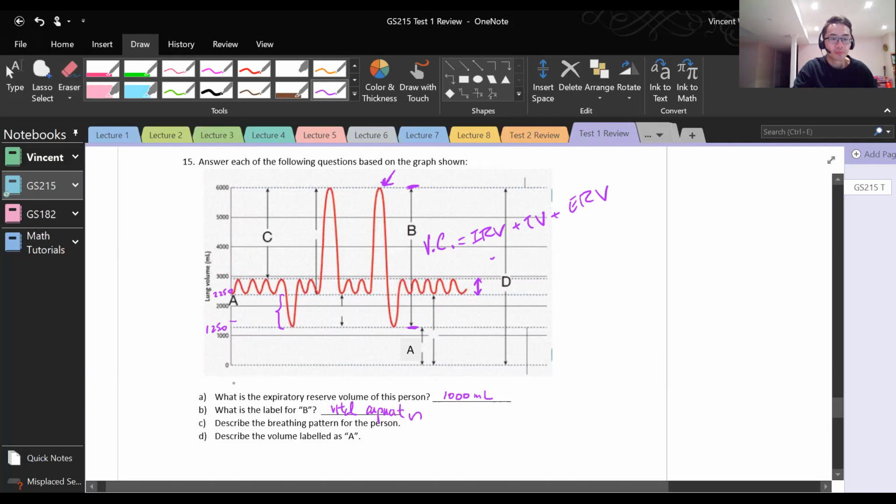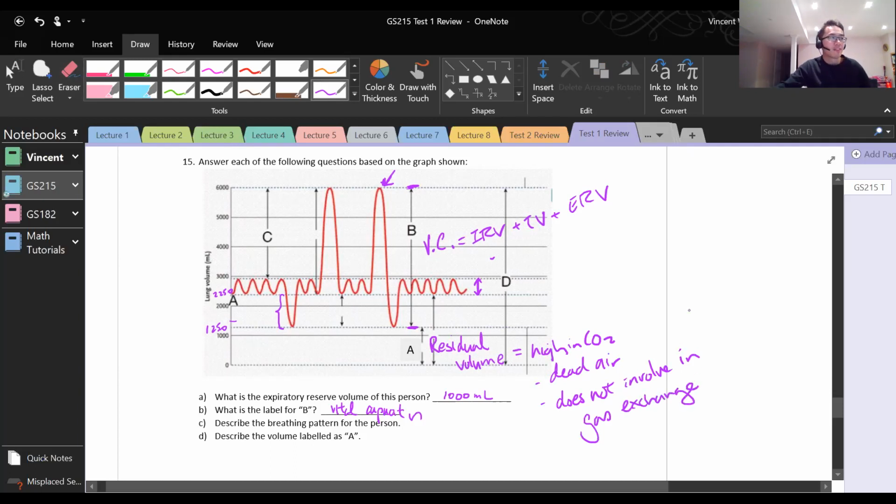Okay. Describe the volume label as A. A is the residual volume. We talked about residual volume before, right? It is very high in carbon dioxide. It's the so-called dead air, right? Does not involve in gas exchange.